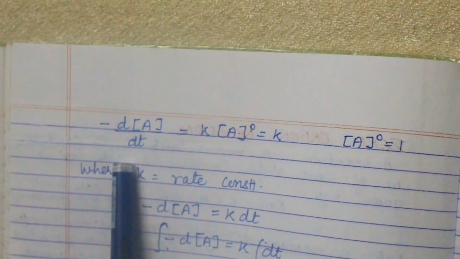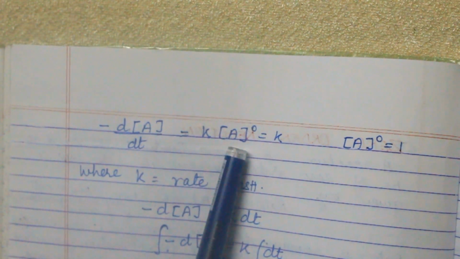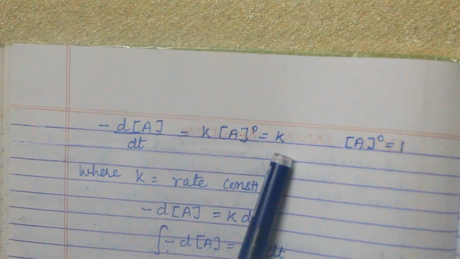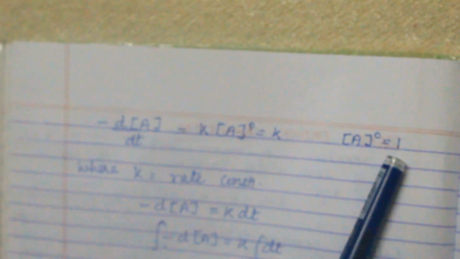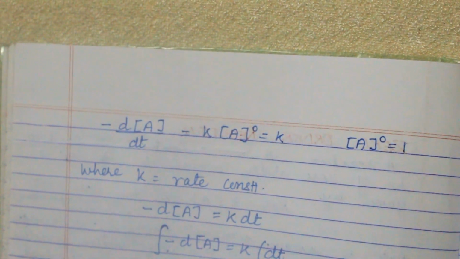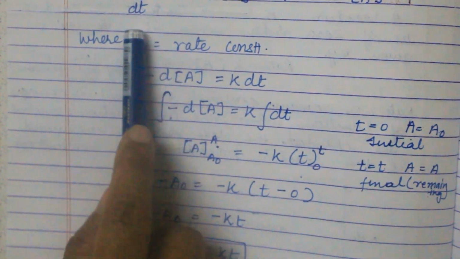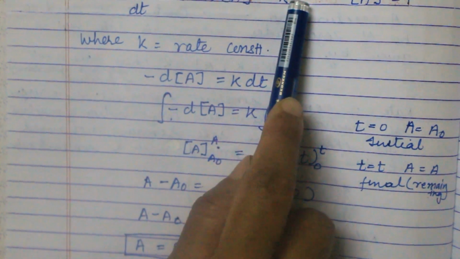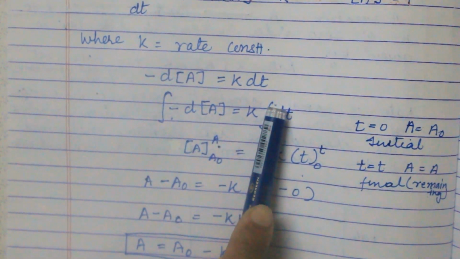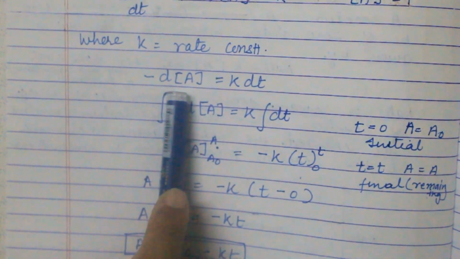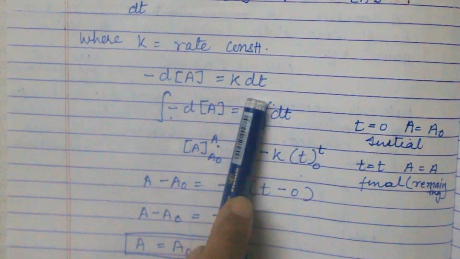Now minus dA upon dt is equal to k, A to the power 0, which equals k because if the power is 0 then it is equal to 1. Here k is the rate constant, and this gives minus dA equals k dt.